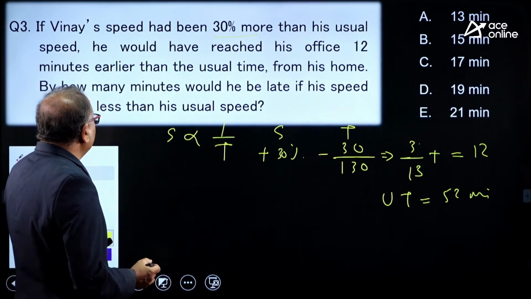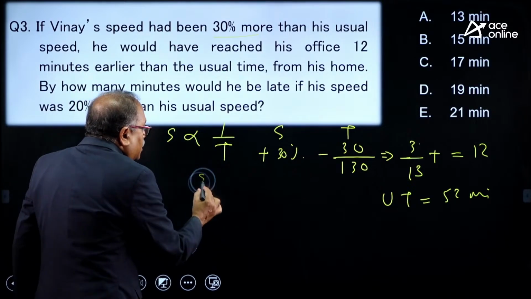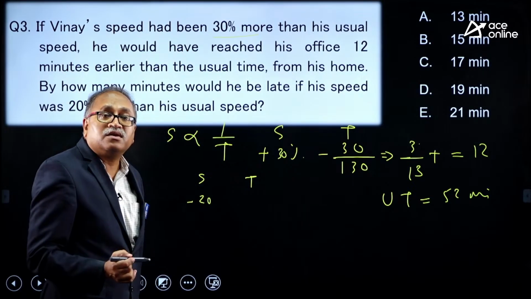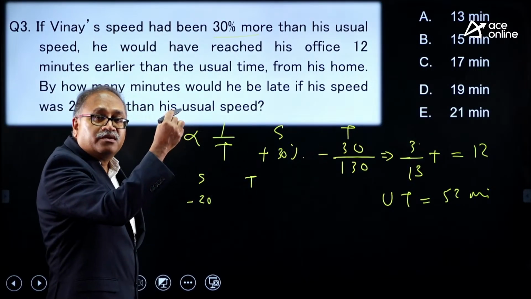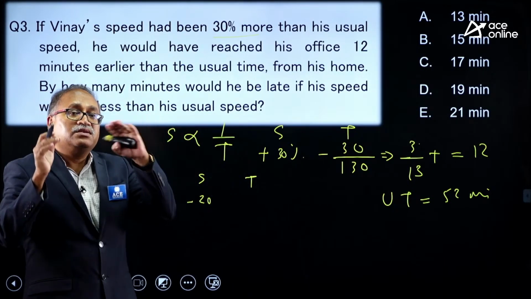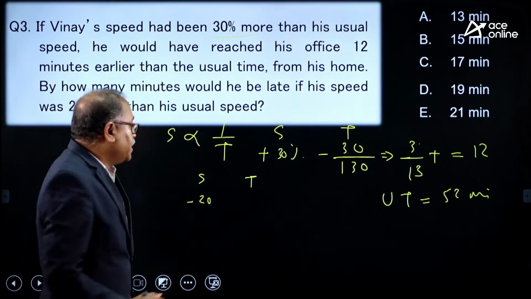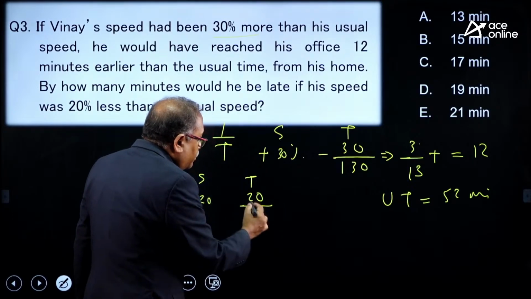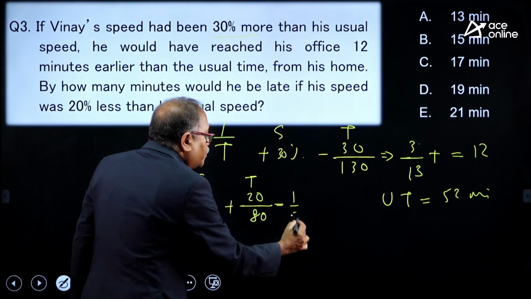What happens over here in the second case? The speed is reduced by 20%. If the speed is reduced by 20%, then time will increase by how much? So, apply the same concept as percentage, price, consumption and the expenditure is same. So, apply that concept here. That is 20 by 100 minus 20, that is 80, that means time will increase by 1/4.